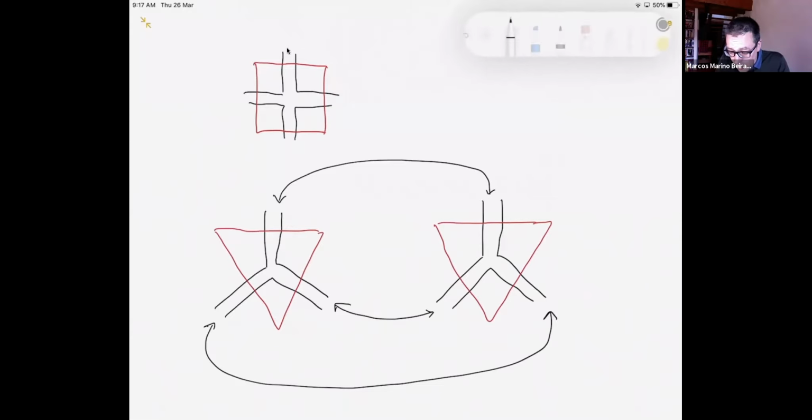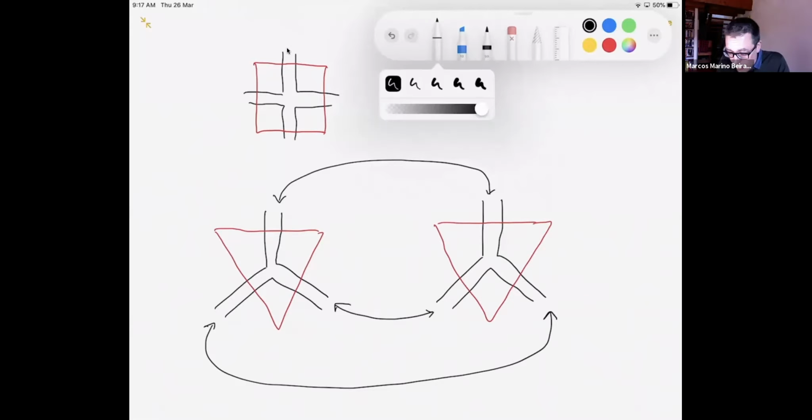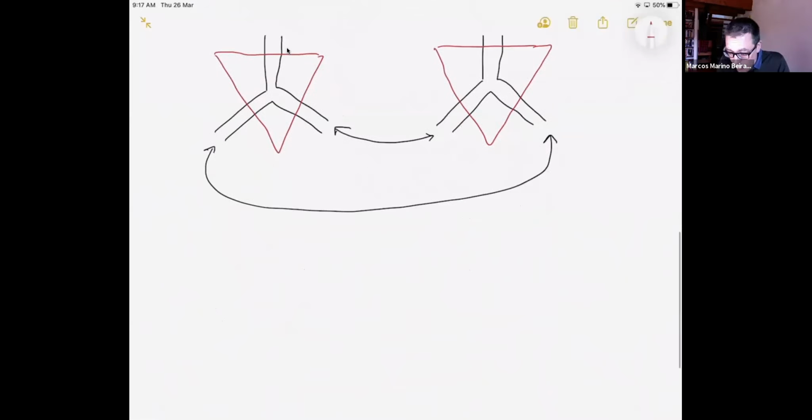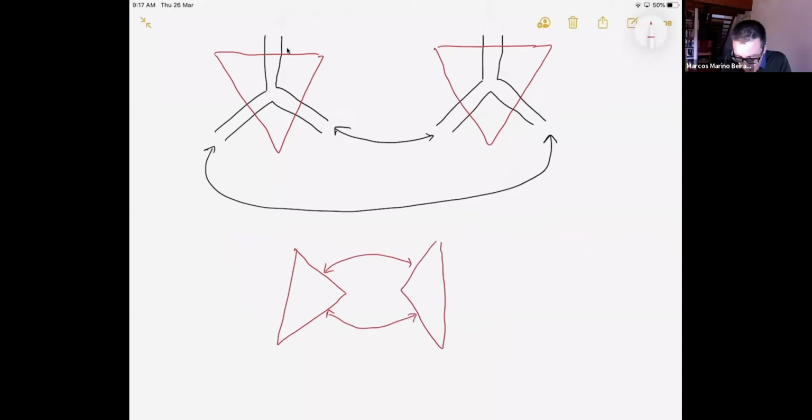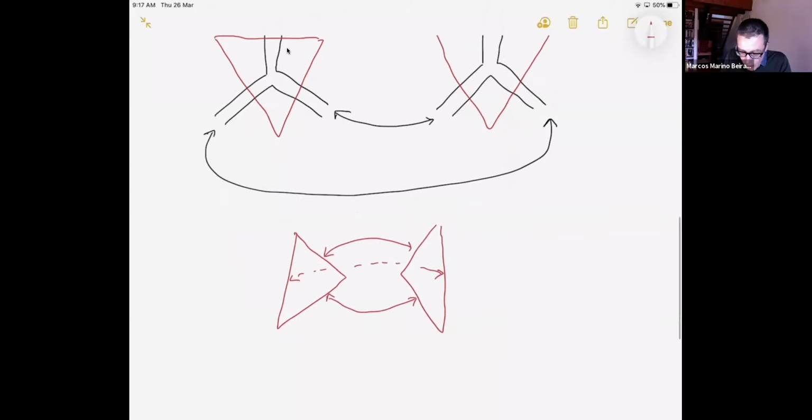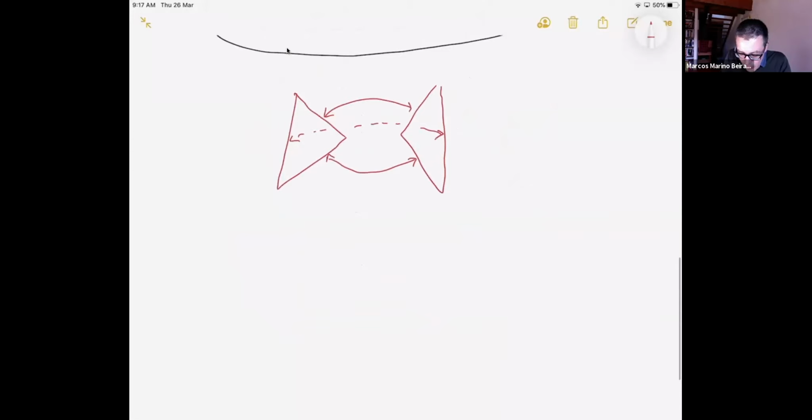So if you do this, what you will get is some gluing instructions for these triangles. So you have this, and you glue each face with the opposite face in this way. And what you get when you do this is something like this.